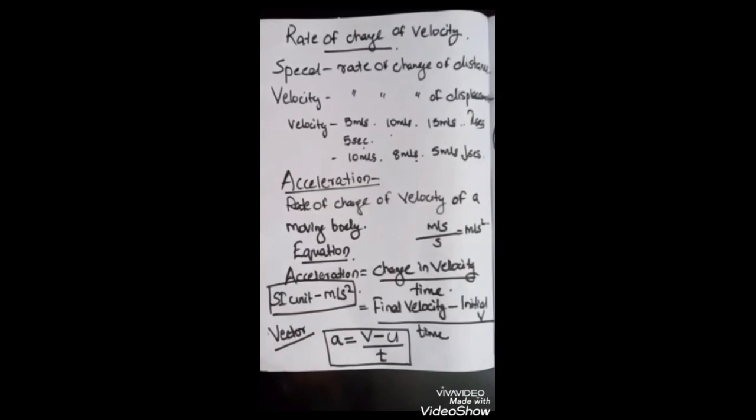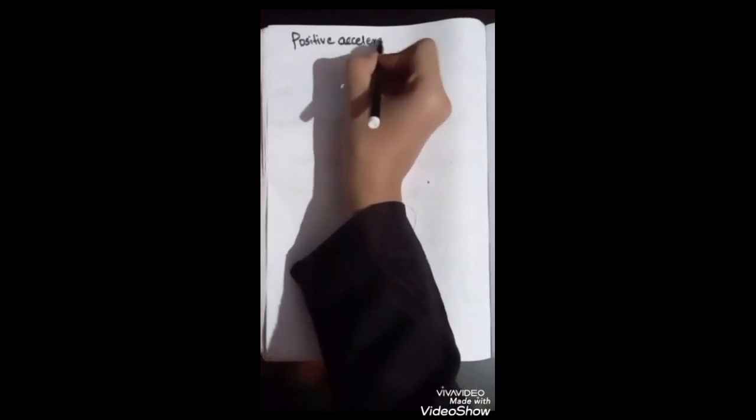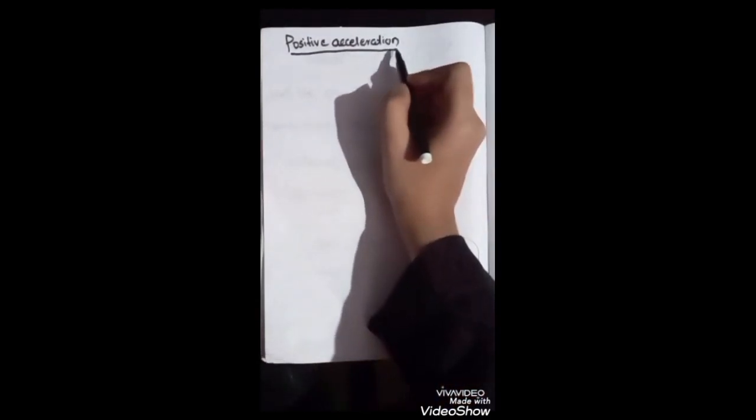The first one is positive acceleration. What do you mean by positive acceleration? From the name itself we can understand, that is, when the velocity of a moving object increases with time. Here positive means the velocity of the moving object increases.